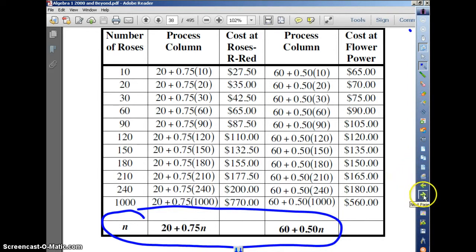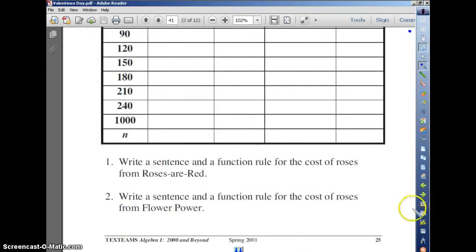Let's go to the bottom of this page. At the bottom of the page, there are 2 questions. It says write a sentence and a function rule for the cost of the roses from Roses Are Red.